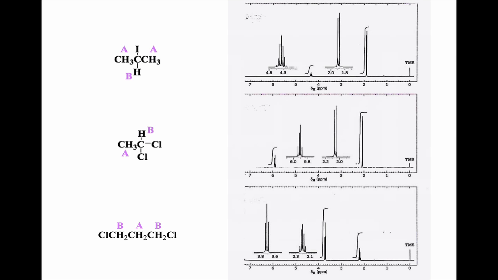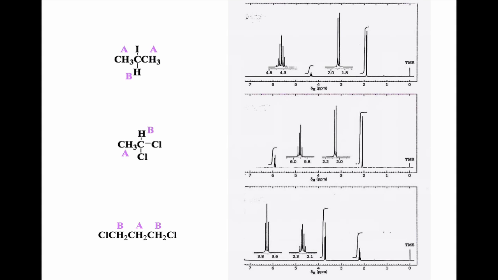What are we going to have for this single hydrogen here for B? 7. Yeah. And so if we look at all of these, you can see what we're looking at here. So let's see if this makes sense. So we have this peak at about 4.3, right? And that's going to be B. Does it make sense that it's at that chemical shift?